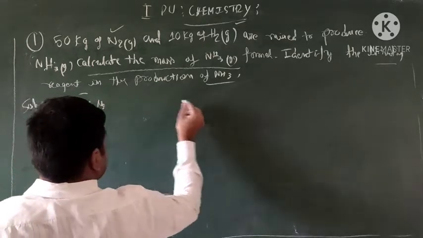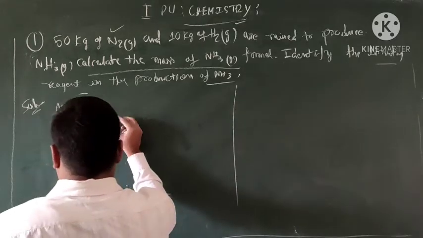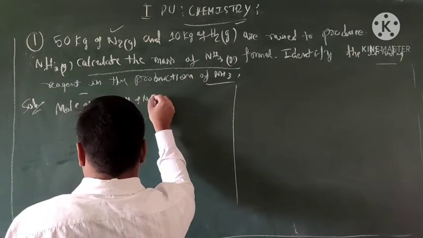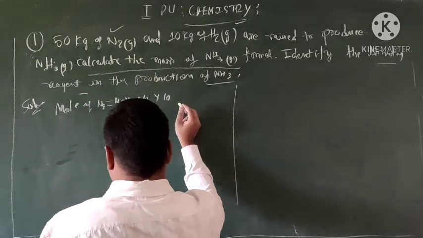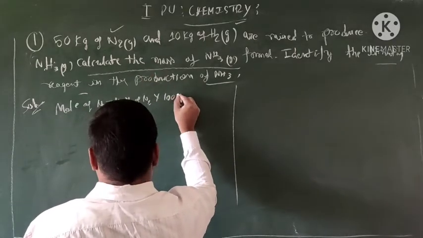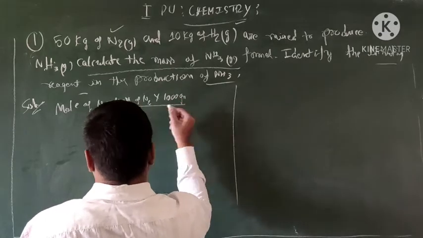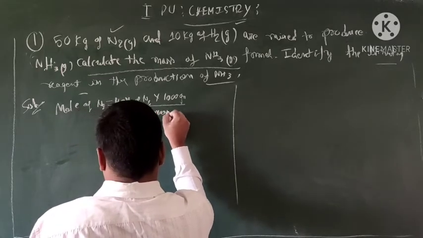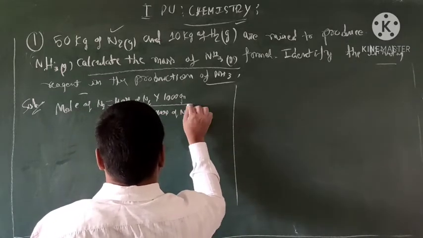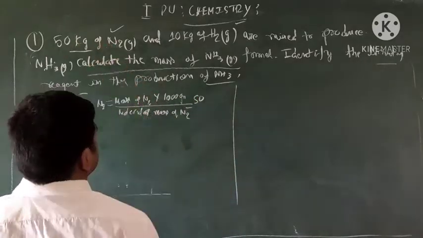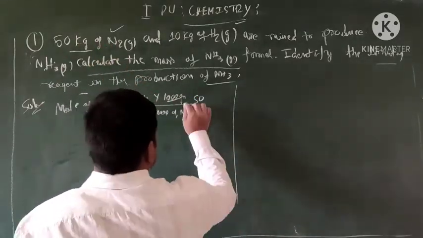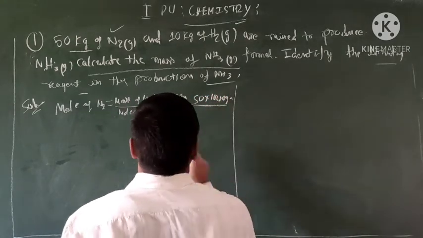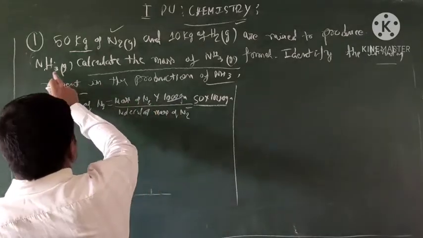Okay, first we write the moles of N2. The number of moles of N2 is equal to mass of N2 in grams divided by molecular mass of N2. The mass is 50 kg, converted into grams is 50 into 1000 grams, divided by the molecular mass of nitrogen.